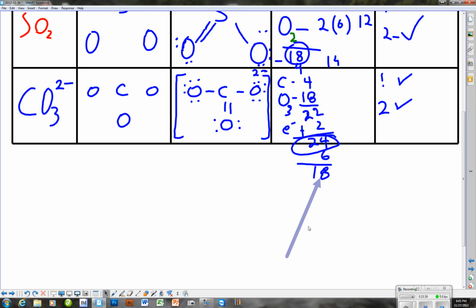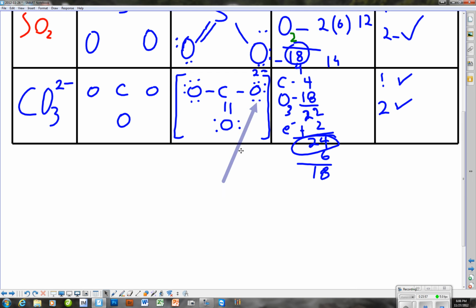That accounts for all of these guys. Now, one of those unbonded pairs became a bonding pair because carbon didn't have enough electrons. But now carbon does. So let's see if everybody has 8. Oxygen here, 2, 4, 6, 8.